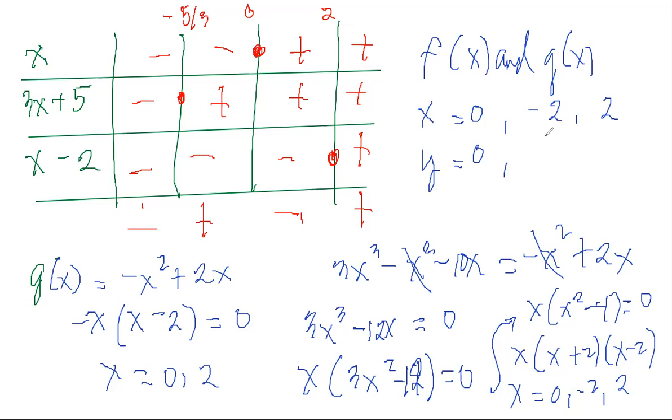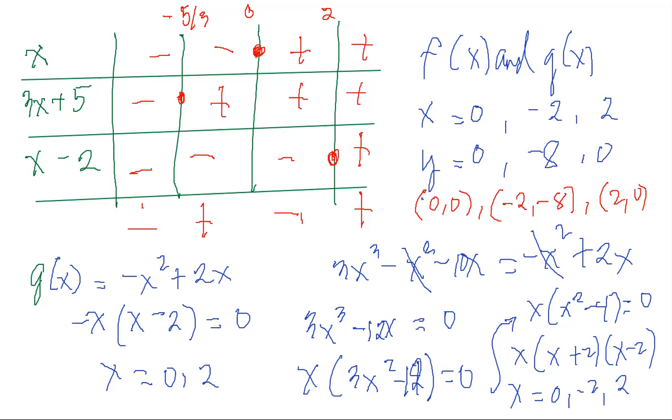If x is negative 2, it's negative 8. If it's positive 2, that's 0. So the points of intersection of the two functions are (0, 0), (negative 2, negative 8), and (2, 0).